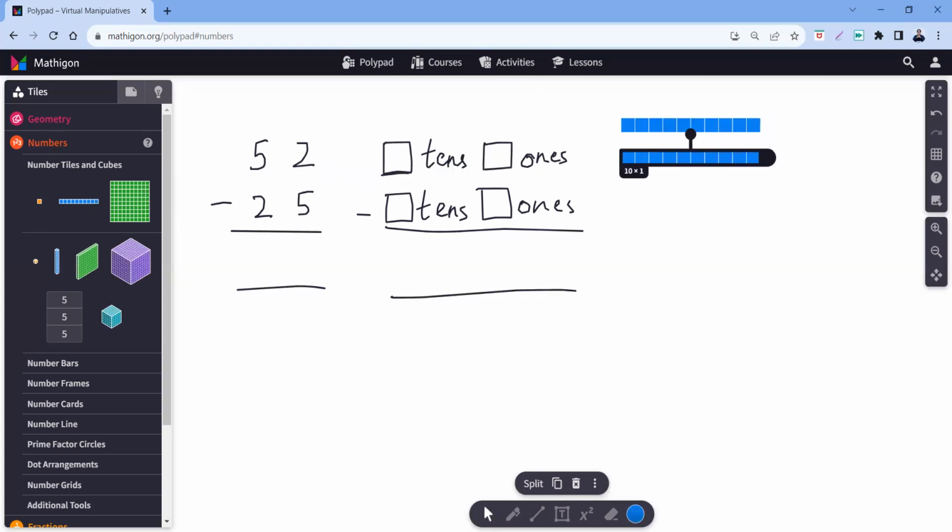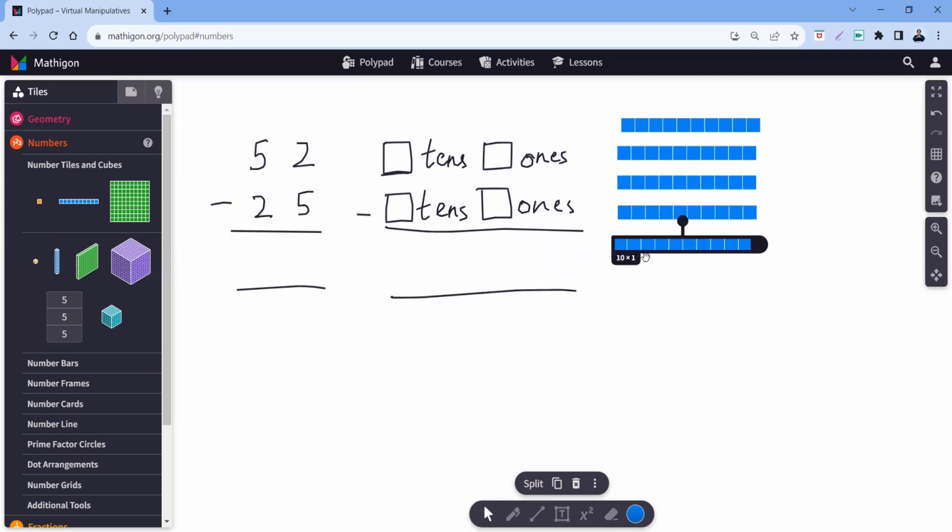Then the next one, if you take, it becomes 20, 30, 40, and 50. 50 means 5 tens are there: 1, 2, 3, 4, 5. Every one of these blue rods is a 10. So 5 tens are there. 50 is over. But it is not just 50, it's 52.